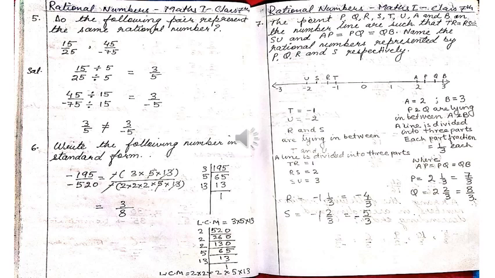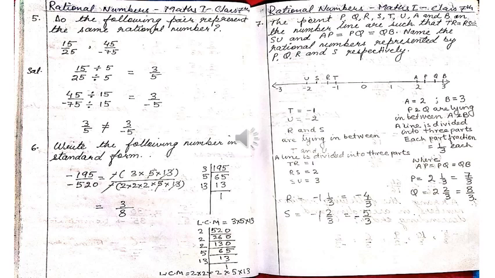The first one, divide by 5, will come 3 upon 5, and the second one, with 15, will come 3 upon -5. Now here 3 upon 5 and 3 upon -5, are they the same? No, because the denominator of the other rational number is minus, so they are not the same. If it would have been positive, yes, they would be the same.